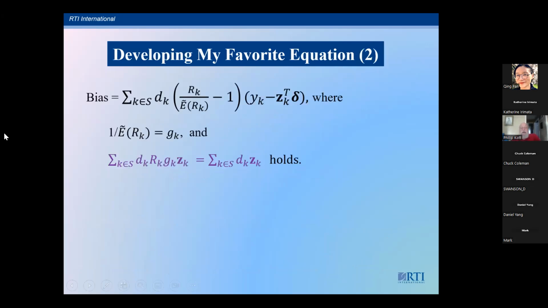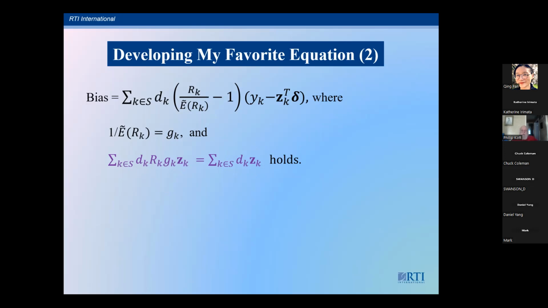But it turns out I have better than subtracting off the mean. I can subtract off any multiple of a vector z, as long as this guess as to what the probability of response is, which I'll call G, satisfies this equation: the weighted average of the z's with the probability weight for the respondents with these g's is equal to the sample total for these z's.